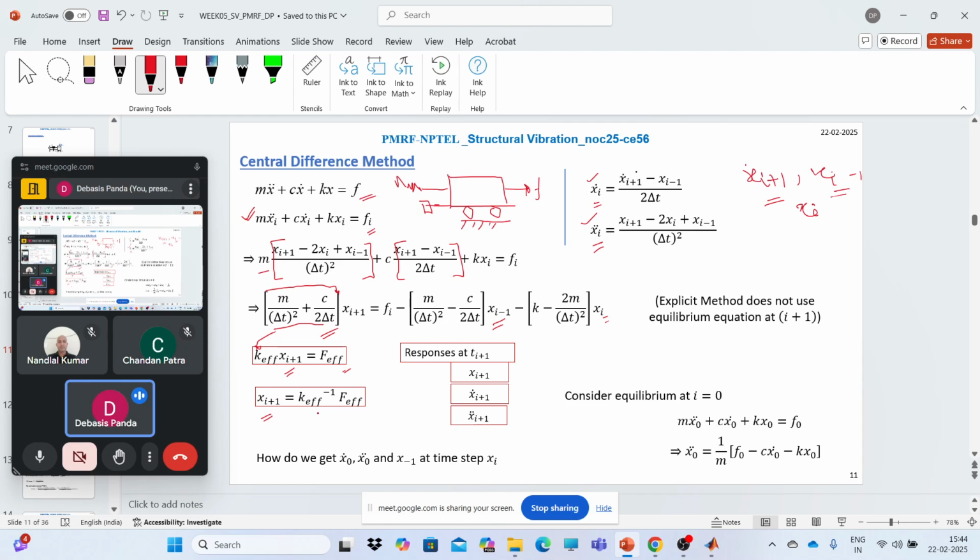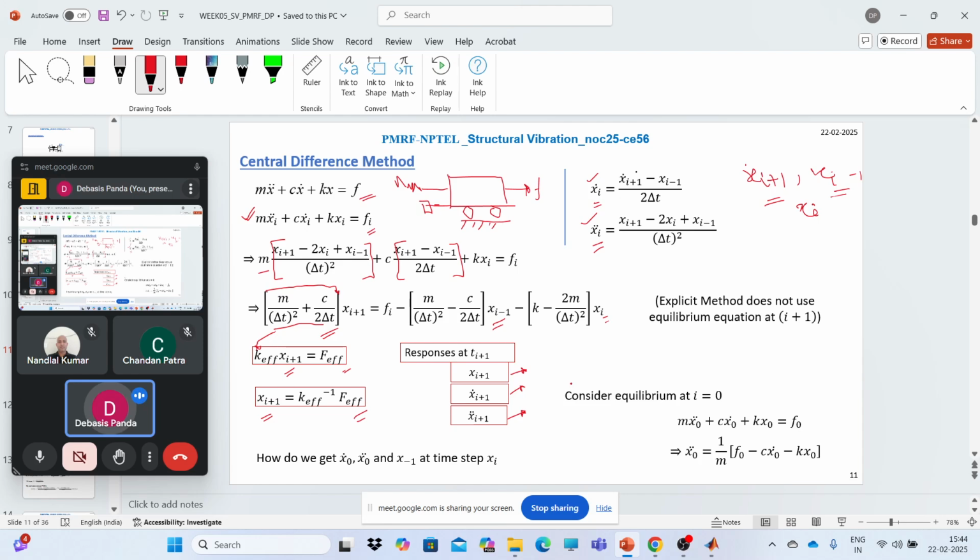It's nothing but k effective inverse into f effective. Okay, so if I can solve this equation, I can easily get the displacement at the I plus 1 point, the velocity at the I plus 1 point, and also the acceleration at the I plus 1 point, right? So it's pretty straightforward.